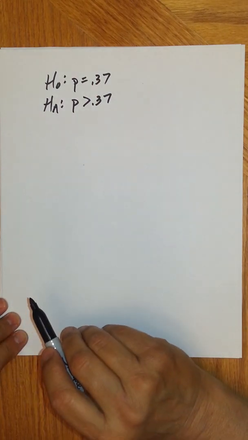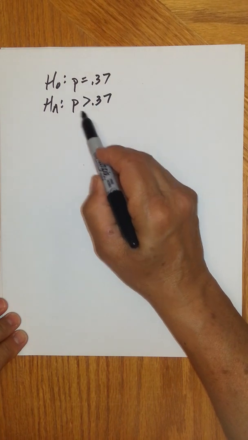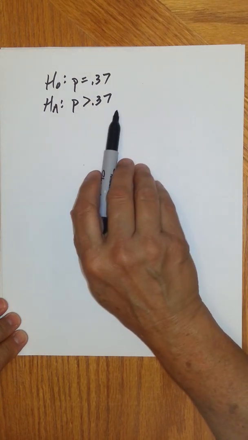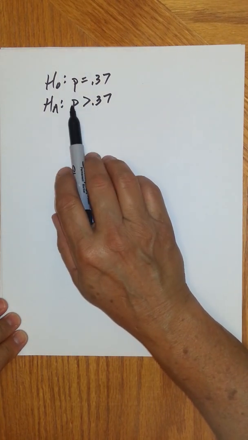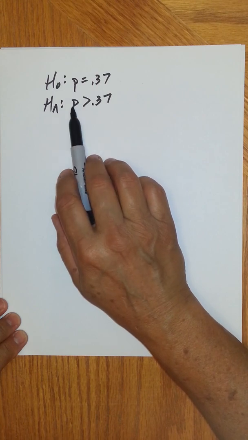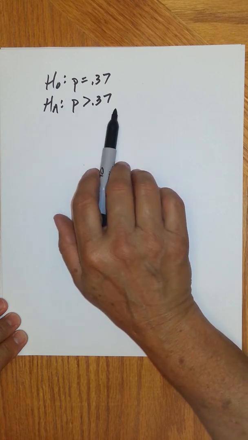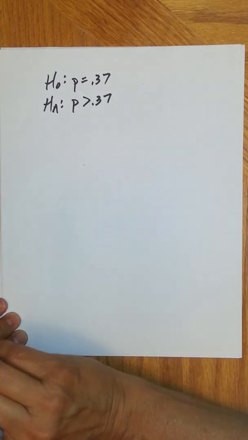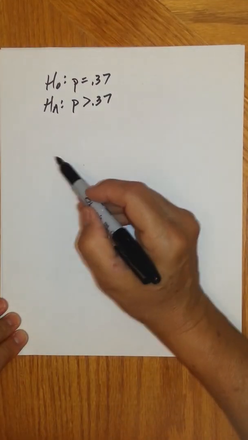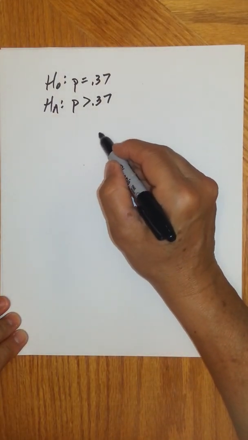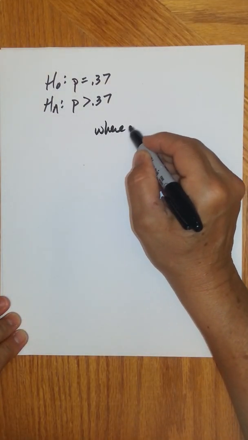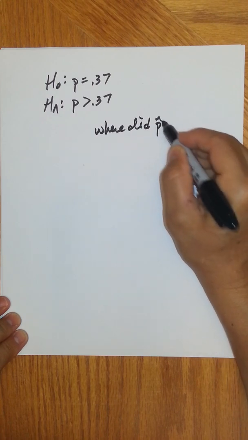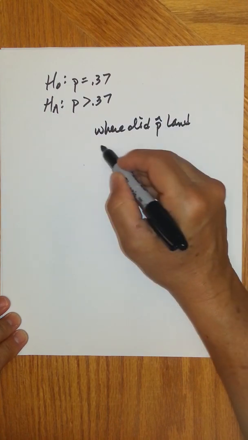Remember, when the alternative is written in a sentence format like this, the proportion of accurate hurricane predictions of the new path is greater than 37%, the direction of the inequality tells you which way to shade. So you have two possibilities. Where did p hat land relative to the truth p?